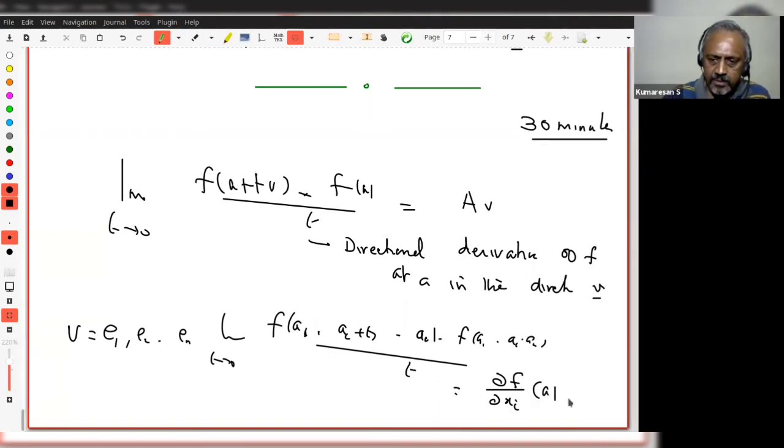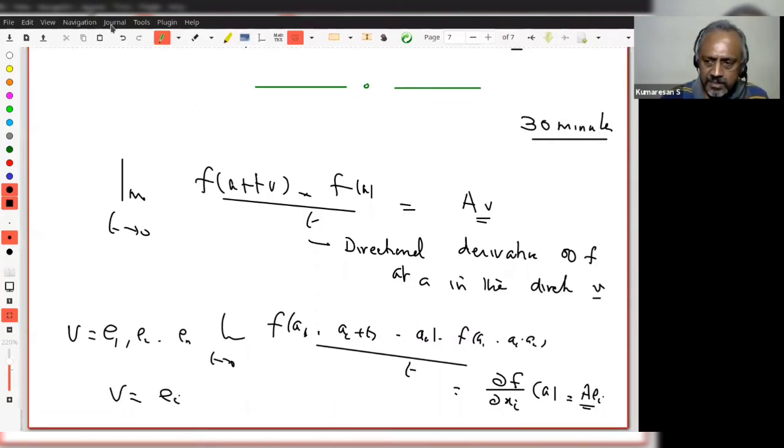Have you understood this? So in particular, when v equals ei, then what I showed was this limit exists, which is the same as saying the partial derivative of f with respect to the xi variable exists at a. And what is that? That is A acting on ei. Because for any v, it is A acting on v. Therefore, this partial derivative is A acting on ei.